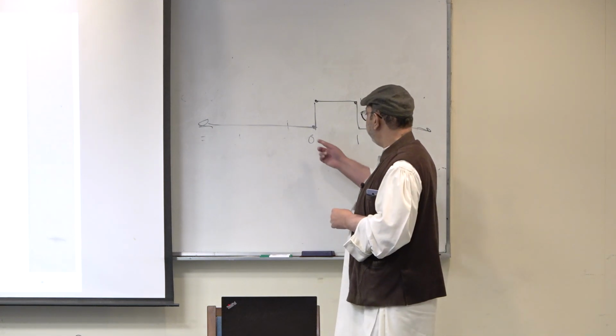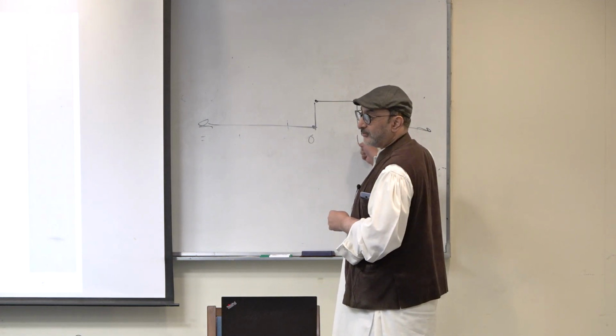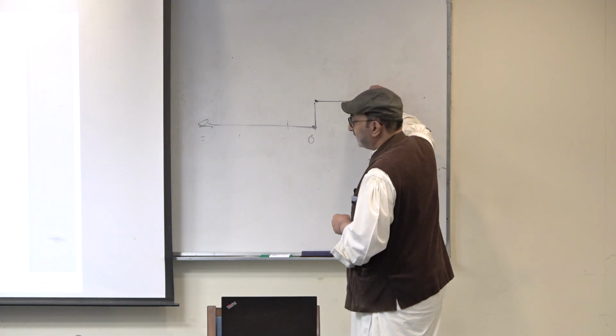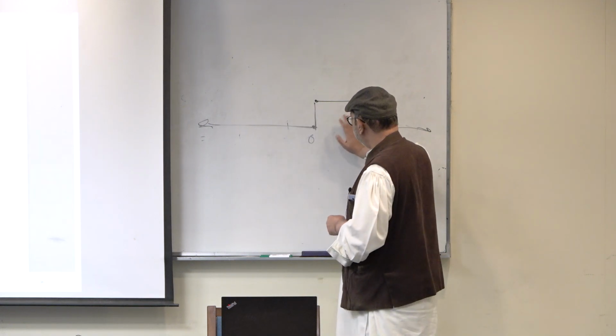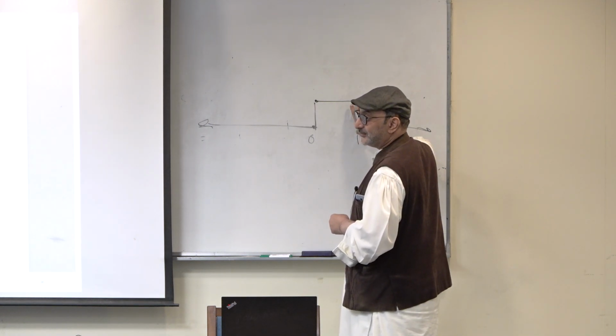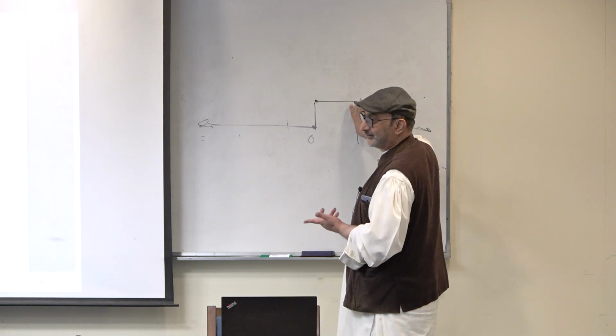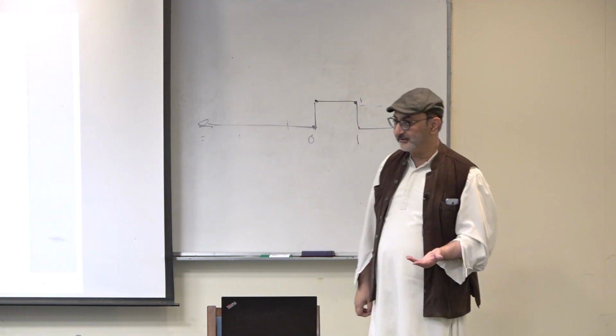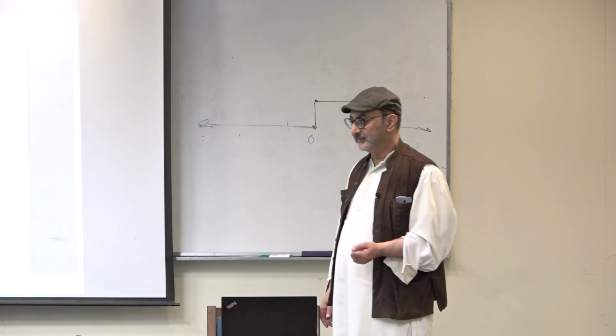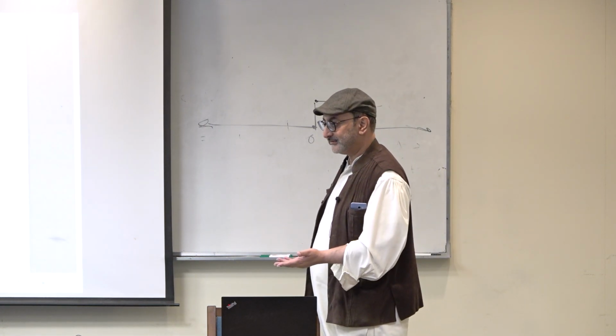So if it's uniform from 0 to 1, its height would have to be 1. The area of the unit square is 1. The integral of the PDF has to give 1, because it's a total probability.